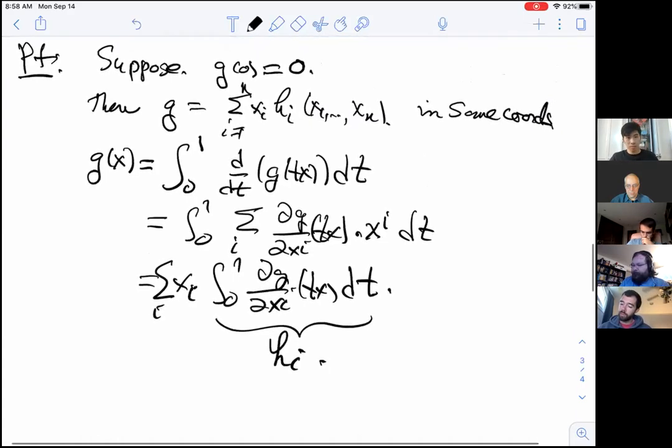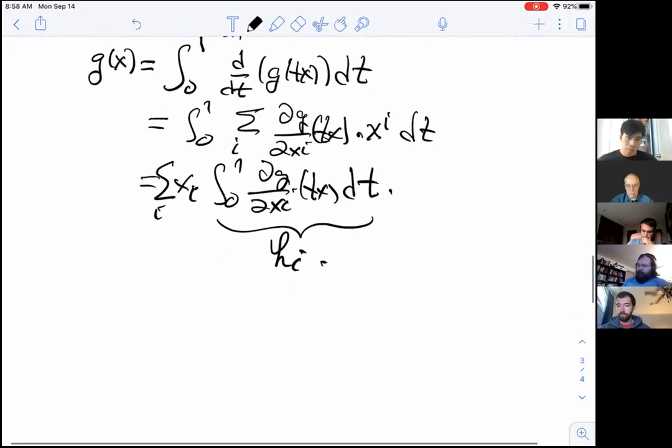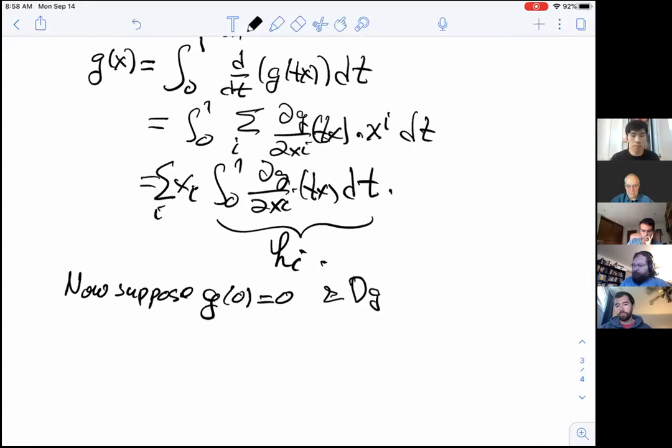If you use this argument twice, you get a nice expression for functions that vanish at the origin and whose differential is 0 at the origin. So now suppose both that g of 0 is 0 and the differential of g at 0 is 0.